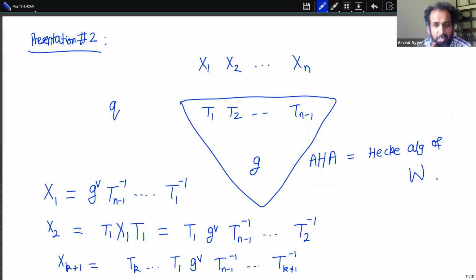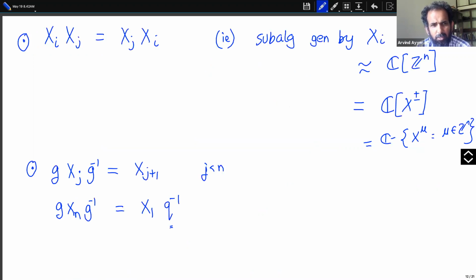We are acting by the y's on these xi's to get these non-symmetric Macdonald polynomials, right? Or am I getting confused? Sorry, I didn't quite understand your question. What do you mean, presentation? Sorry, it's not very well posed.